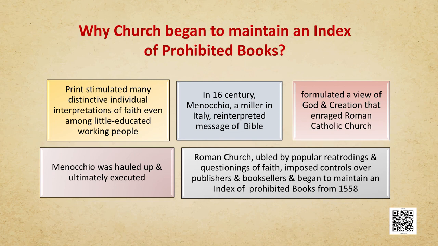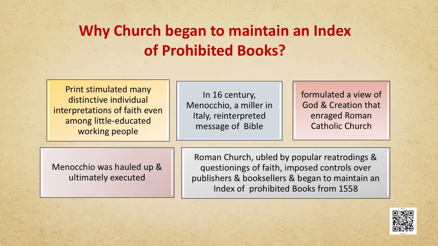In 16th century, a miller in Italy called Menocchio reinterpreted the message of Bible. He formulated his own view of God and creation, and Roman Catholic Church was fearful of such ideas.